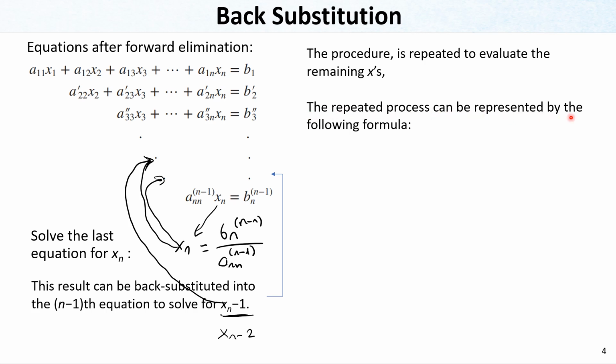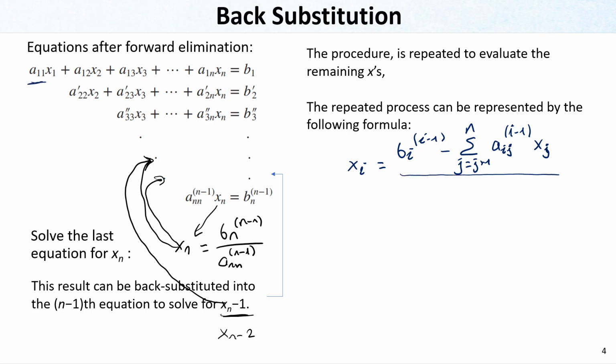This repeated process can be represented by a general formula that we can write here. xi is equal to bi^(i-1) minus the summation over j from i+1 of aij^(i-1) xj, where i and j are the row and column numbers of the matrix, and as the denominator aii^(i-1), for i equal to n-1, n-2, up to 1.